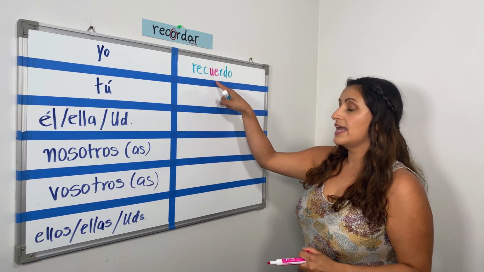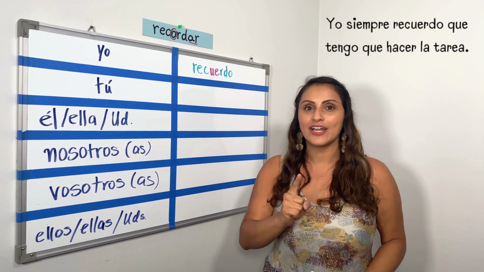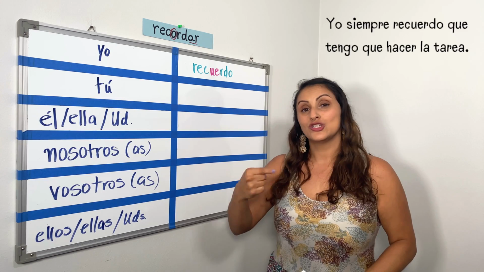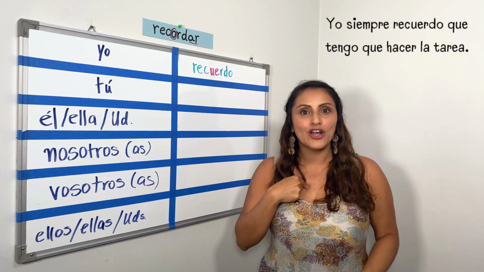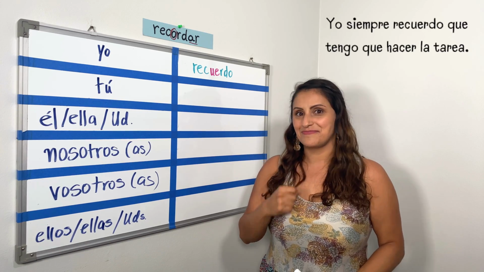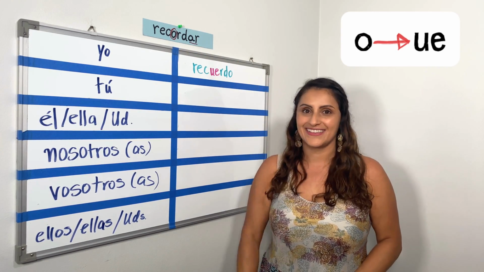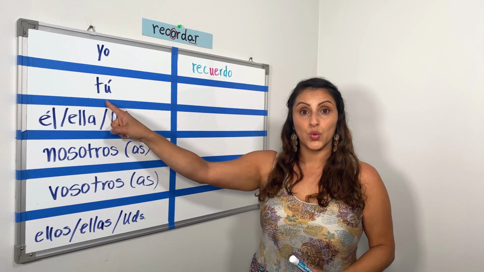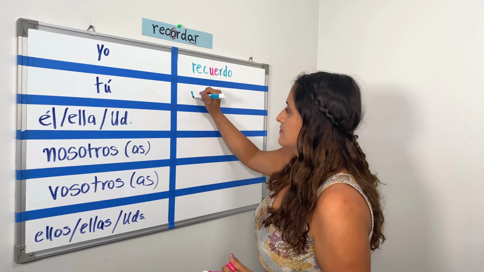So you would say, yo siempre recuerdo que tengo que hacer la tarea. Recordar. We change the O for a UE. Let's move on to tú. Tú. The verb recordar, we start.